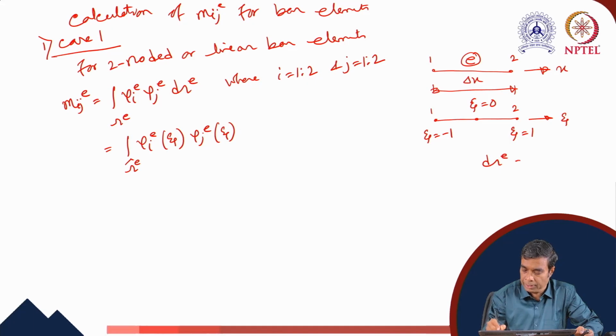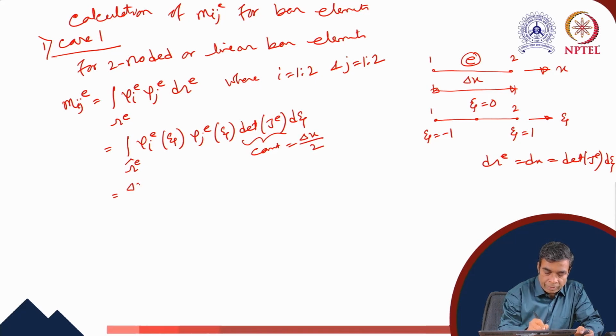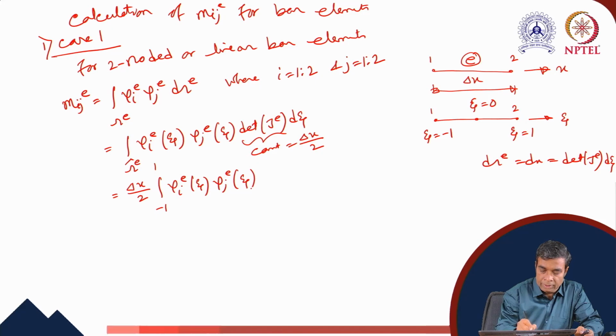So d omega e equals dx equals determinant of je into d xi. Determinant of je is constant, equal to half of the mesh size. So this we can write as delta x by 2 integration from -1 to 1 psi ie of xi psi je of xi d xi.